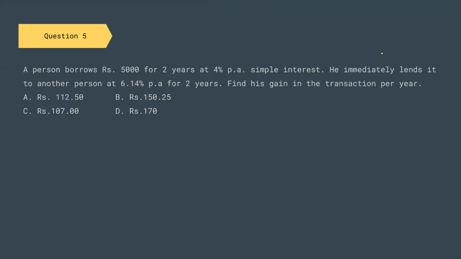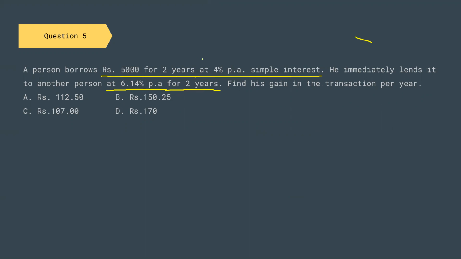Now, again, this is a question on profit and loss. What they're saying is that a person borrows rupees 5,000 for 2 years at 4% per annum simple interest. He immediately lends it to another person at 6.14% per annum for 2 years. Find his gain in the transaction per year.